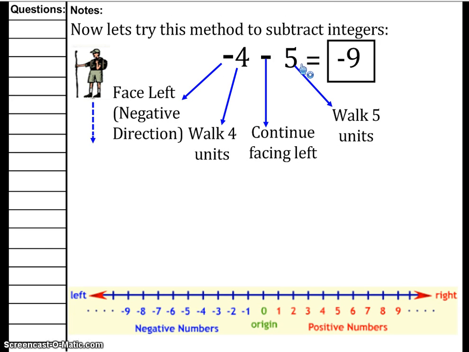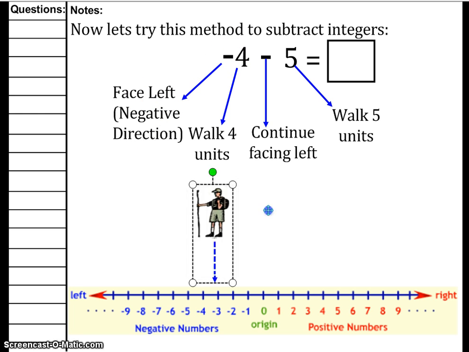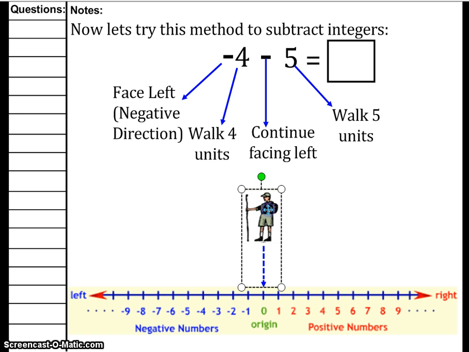Here we have -4 minus 5. You weren't supposed to see that answer yet. So -4 minus 5. Well, we look at our signs to tell us which direction our hiker is going to face. So here's our hiker dude over here. And since we have a negative sign here, we're going to be facing left, which is in the negative direction. So here we go, facing left.